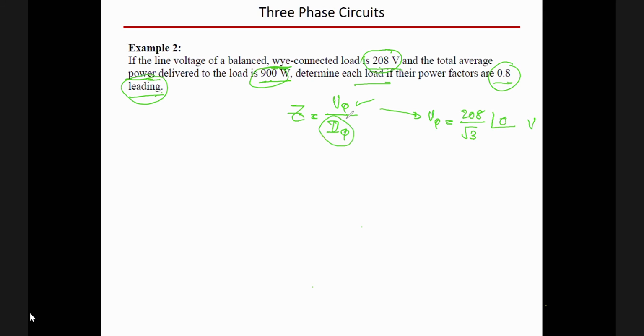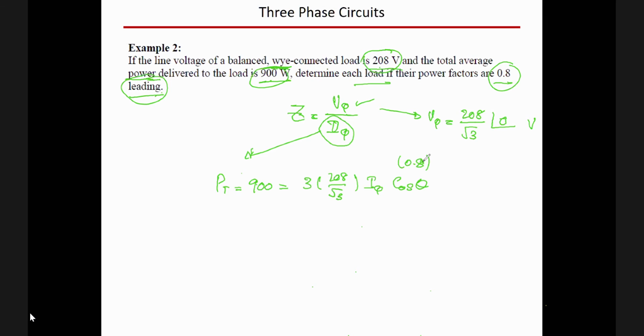The question is how we can find I phase. From 3 V I cosine theta. Good point. We know that the total power, which is 900, is equal to 3 times V phase magnitude, which is 208 divided by square root of 3, times I phase magnitude, times cosine the angle. What is cosine the angle here? 0.8 or minus 0.8?